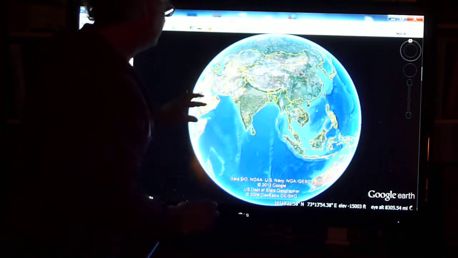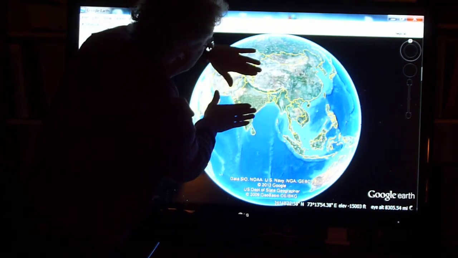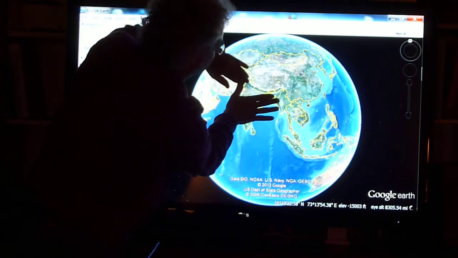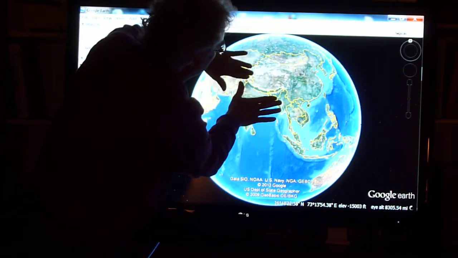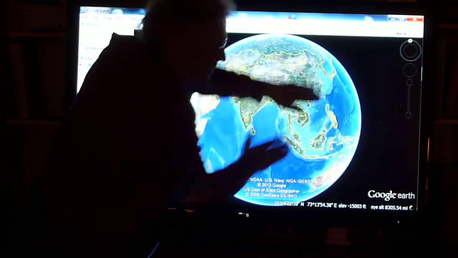So where these three meet, you have the Alps, the Himalayas, the largest mountains in the world. And they, again, go over this way to trench.